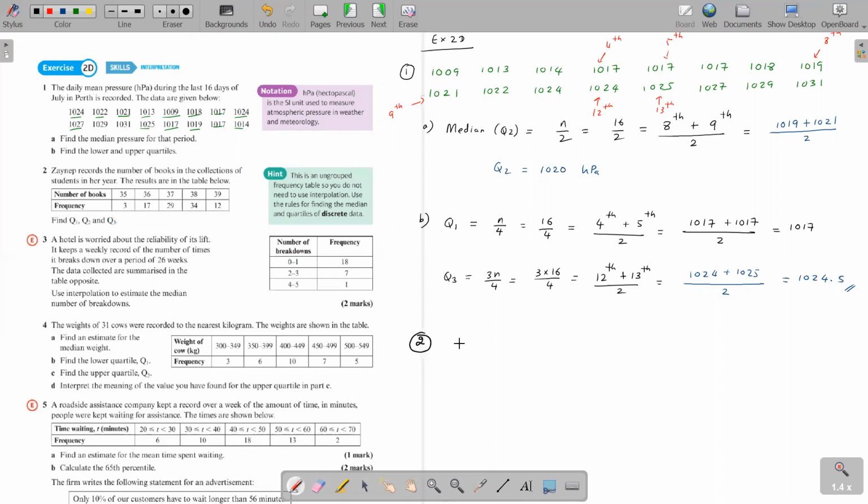Frequency means how many times this particular number is repeated. So 36 is repeated 17 times, and likewise 37 is repeated 29 times, 38 is repeated 34 times, and 39 is repeated 12 times.